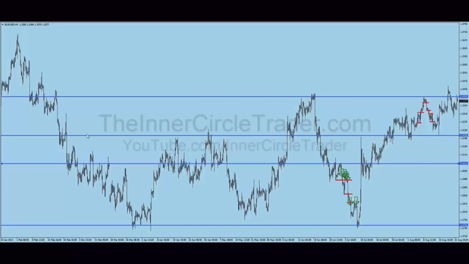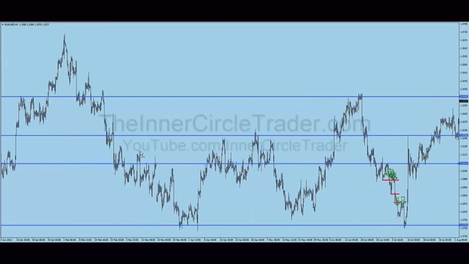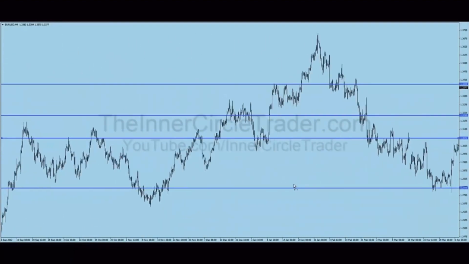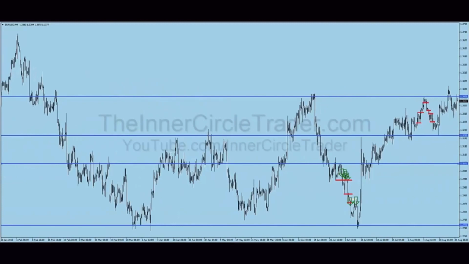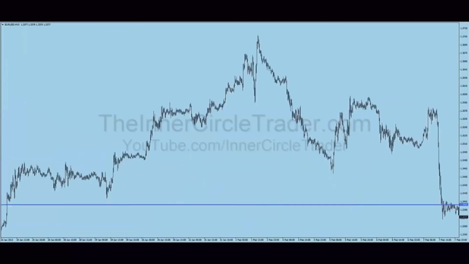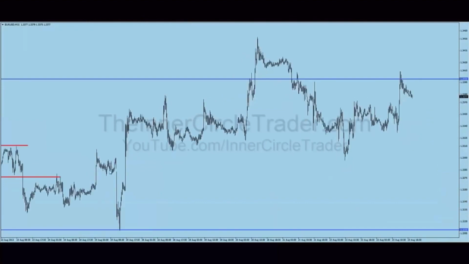See that? When price trades down like this and rallies off, go back down to a 15-minute time frame. It was in a consolidation.